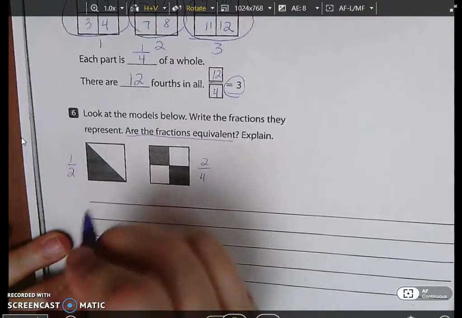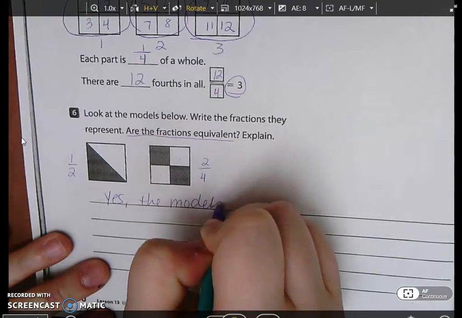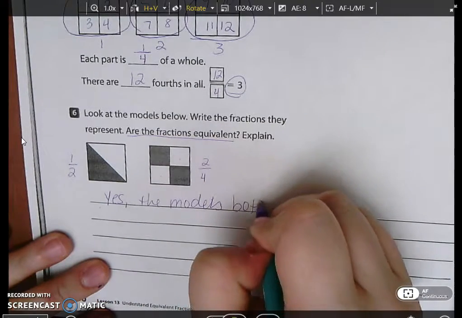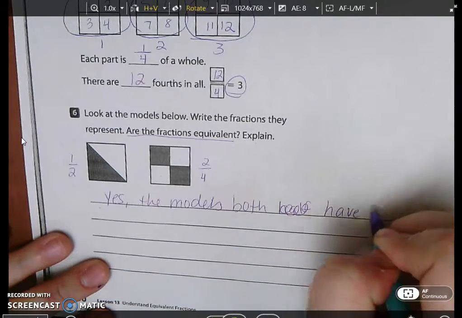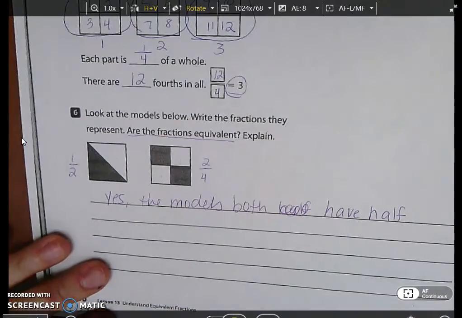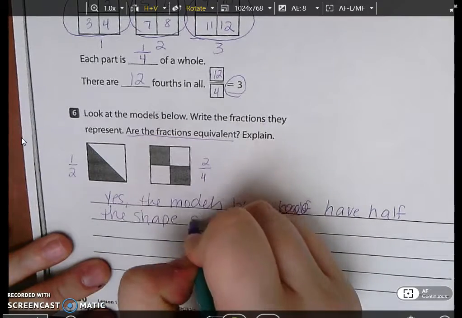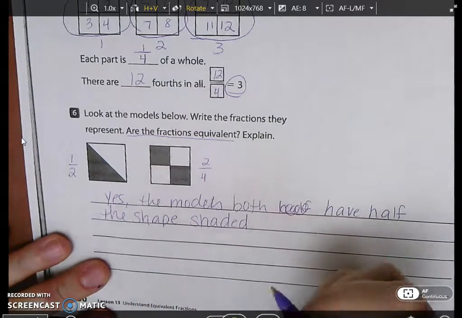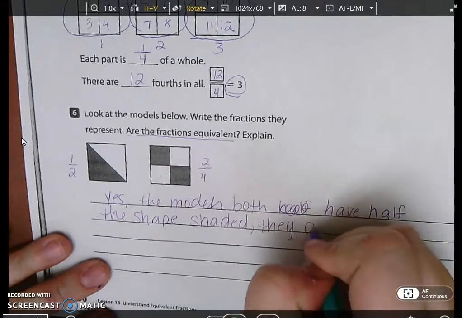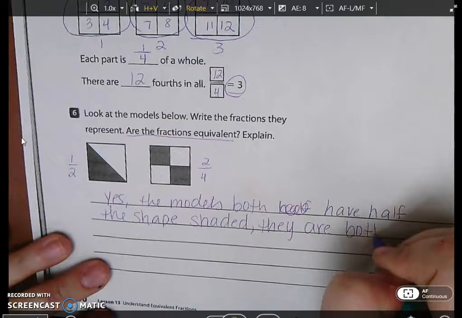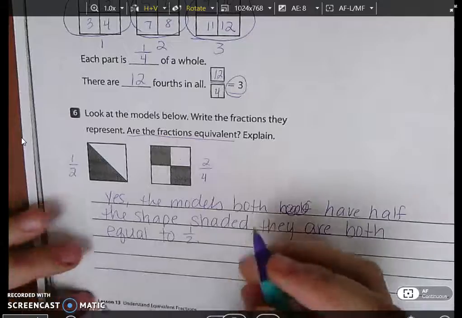So the answer here is yes, the models both have half the shape shaded, which means they are both equal to 1/2.